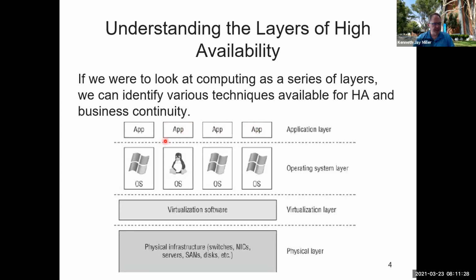So their application is aware of the multiplicity of its availability, and it can take advantage of that. A lot of viruses are similar to that, right? You've probably heard of a distributed denial of service, where you have all these zombie computers that are infected with some sort of a rootkit or a backdoor.